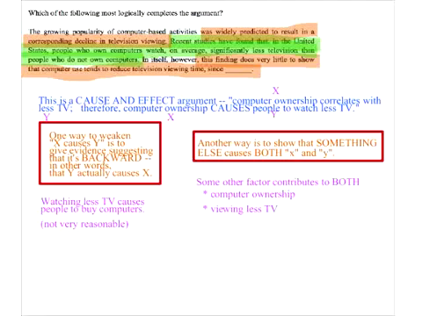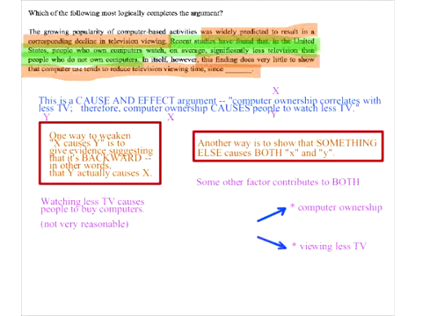So in other words, if we made a diagram of this, like one of those primitive little diagrams that we made before, if we can find some factor that contributes to both of these things, then we are good. So we just need to find what it is. What factor is that?